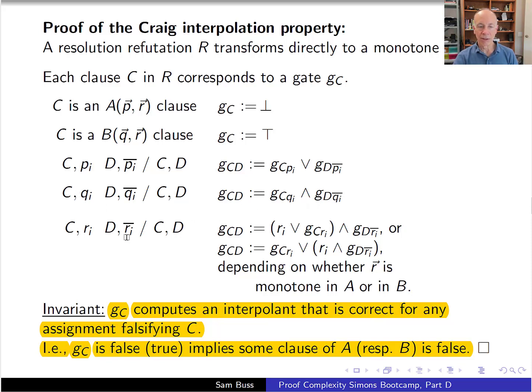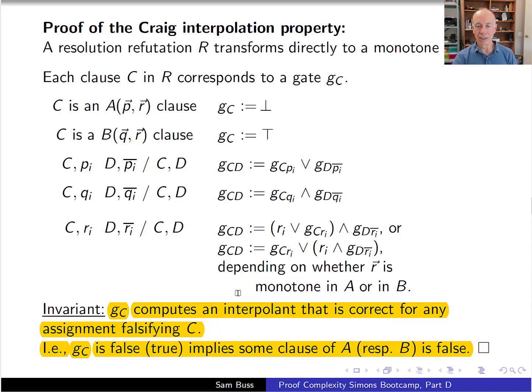And then if we resolve on a variable R, it's a little more complex. Here we either use G sub CD, the G for the conclusion of the resolution inference, as either R or G sub CRI and G sub DRI, or it's something dual, G sub CRI or R-bar and G sub DRI.